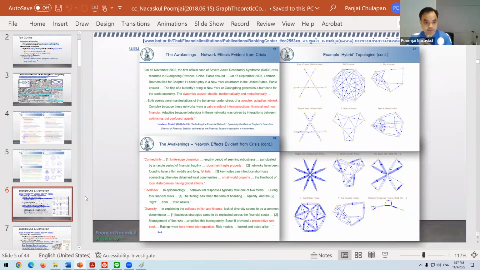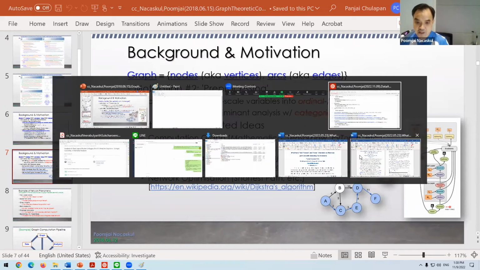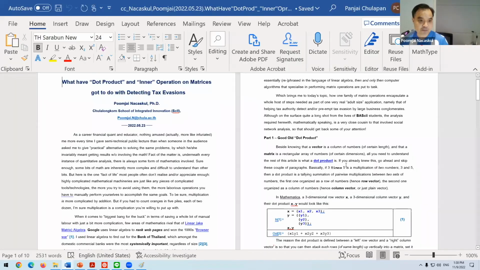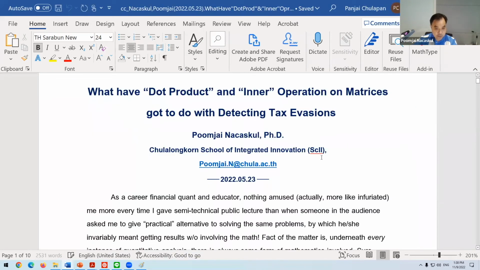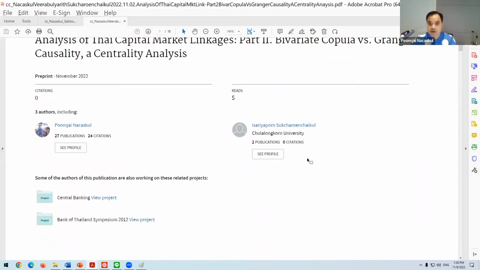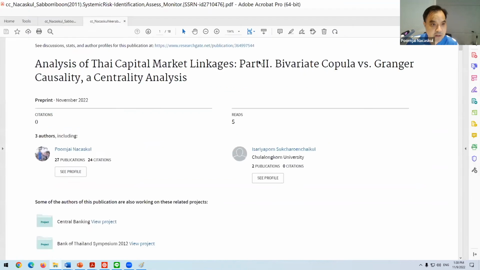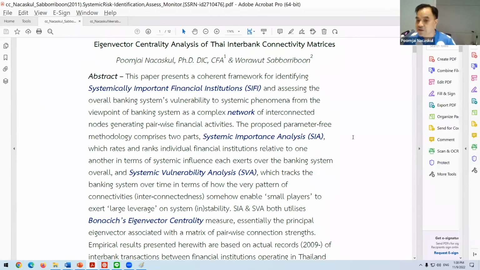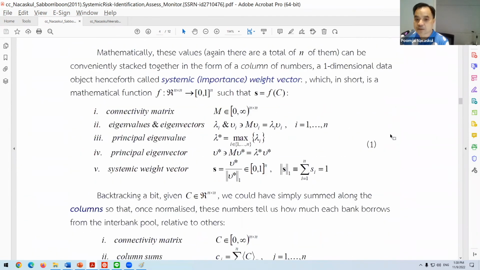With that, one of the applications that we built on was summarized in this paper. This paper essentially looks at the interbank system.